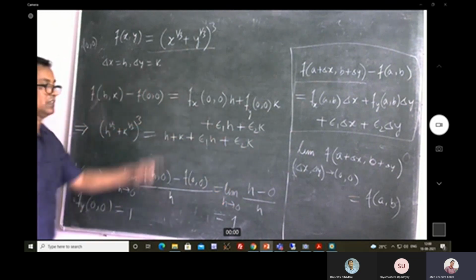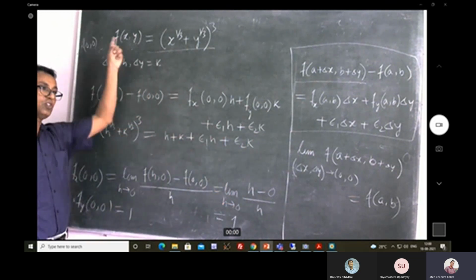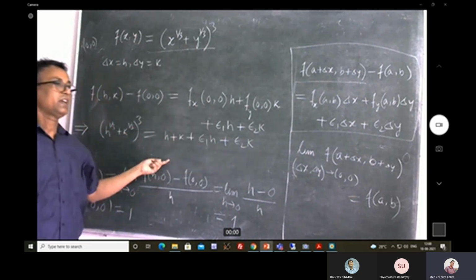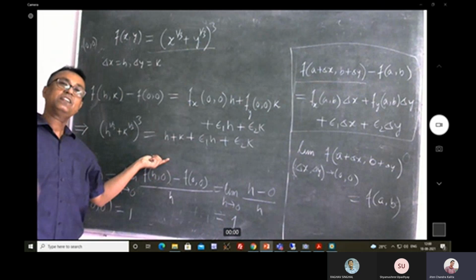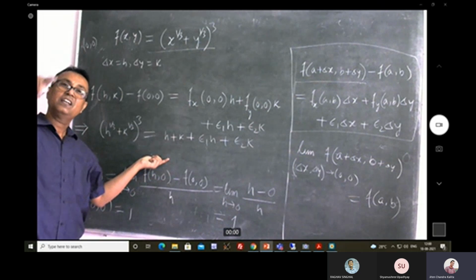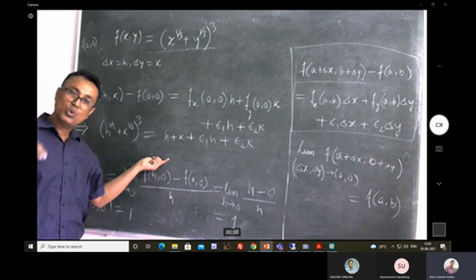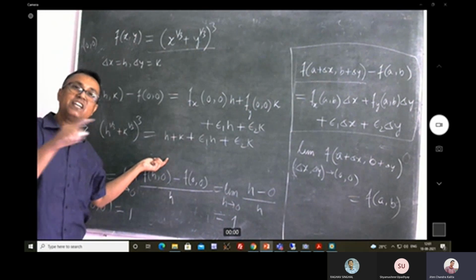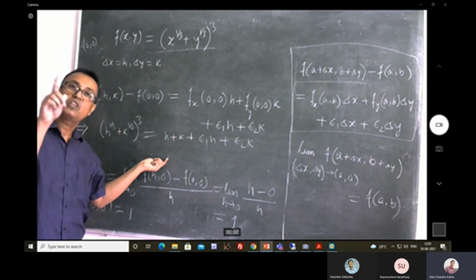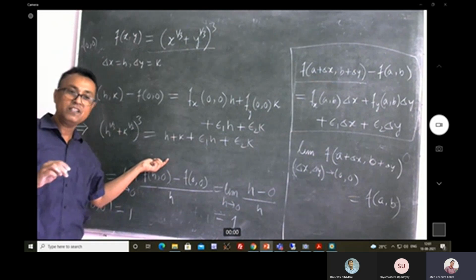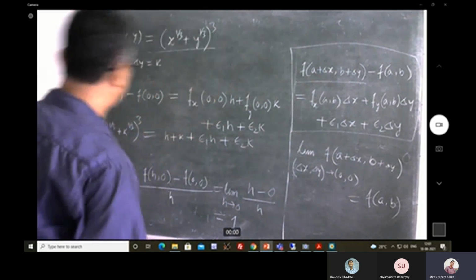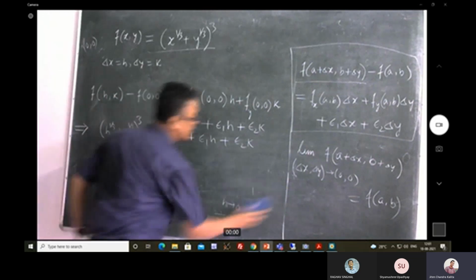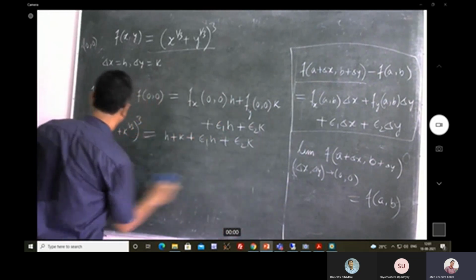And again, for a function to be differentiable, the equality is valid when epsilon 1 and epsilon 2 tend to 0 as h and k simultaneously tend to 0, 0. Is it okay? Fine. So that is what we need to prove the differentiability of this function. Now let us see whether that happens or not.